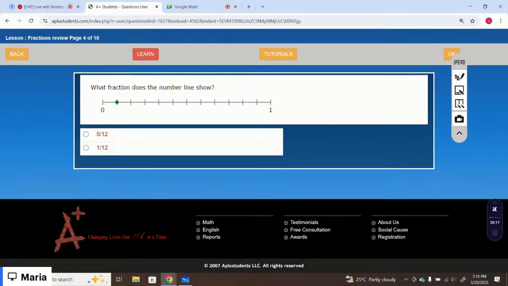So, which is the correct option? That is 1 out of 12. Option number 2 is the correct option.